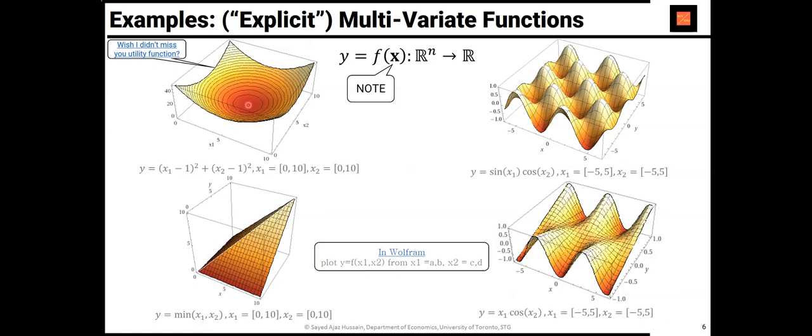And from that point onwards, forever in your life, whenever you see a combination of 5 chickens, 5 G&Ts, you get depressed. Any combination of fried chicken and gin and tonics that's as far away as possible from 5 makes you very happy. This could be the surface plot of a utility function where somebody consumes two goods, x1, x2, as complements in a one-to-one ratio. So again, the point here is you have several x's, one y, Rn to R.